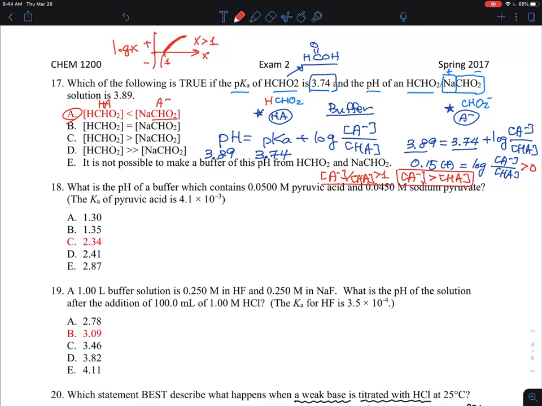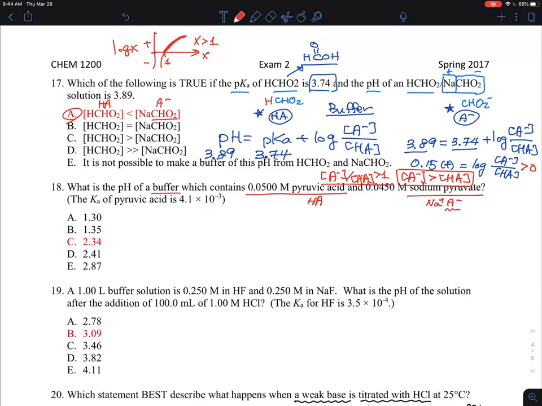Okay, moving on to the next problem. Now this one says it is a buffer solution, whatever it is. This acid, you're just going to write it as HA, that's a concentration, and then the sodium pyruvate, which is Na plus A minus, right?